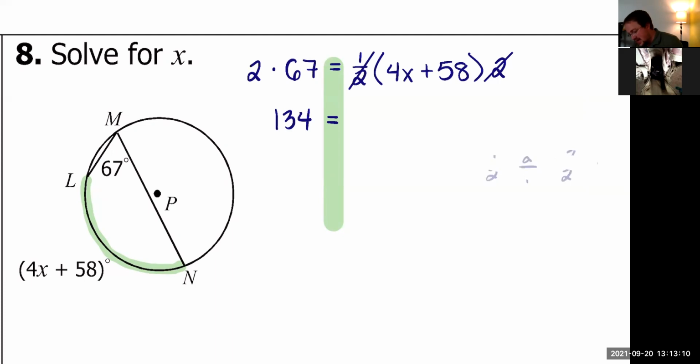I just did it relatively quickly. Hopefully this doesn't shock us too much, because technically I could have written this as the arc measure equals 2 times the inscribed angle. It's still the same relationship. But now I've got 134 equals 4x plus 58.